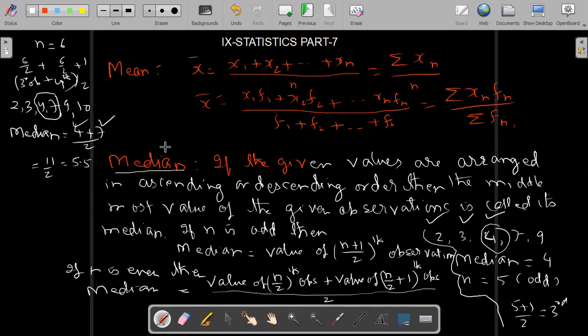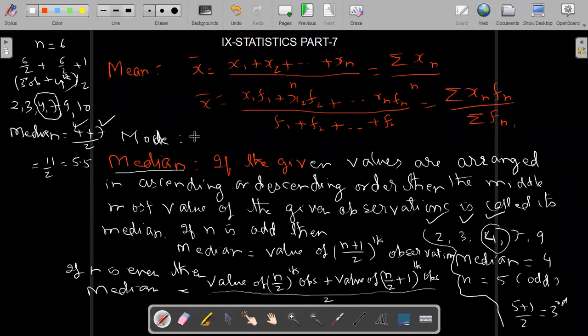And mode. The frequency is the number of times a value occurs. The value which occurs the maximum number of times is called the mode. There is no formula in your course for mode. You can directly find the mode. You check whichever has the highest frequency, whichever is coming the maximum number of times.